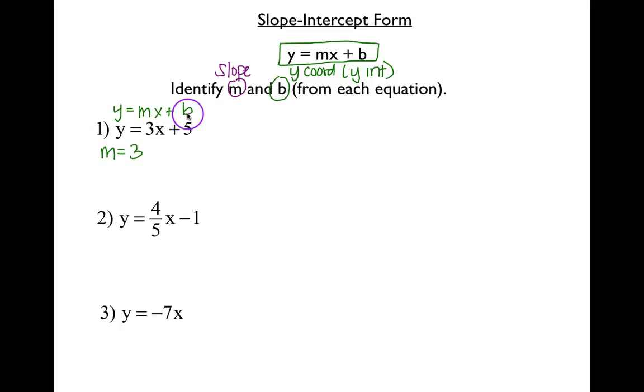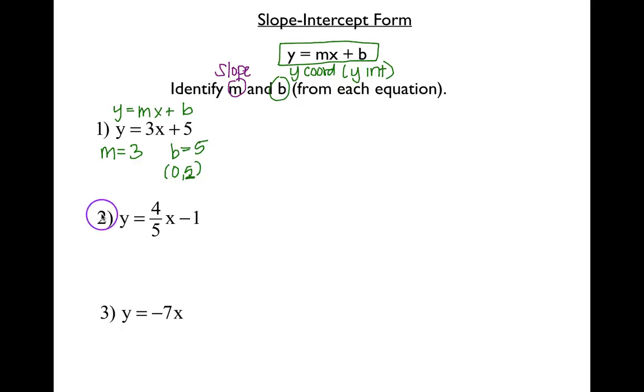And here, the y-coordinate of the y-intercept is going to be 5, so I'm going to say b equals 5. Notice I'm stressing that the 5 is only representing the y-coordinate, because if you wrote it as a y-intercept, it would be written as (0, 5).